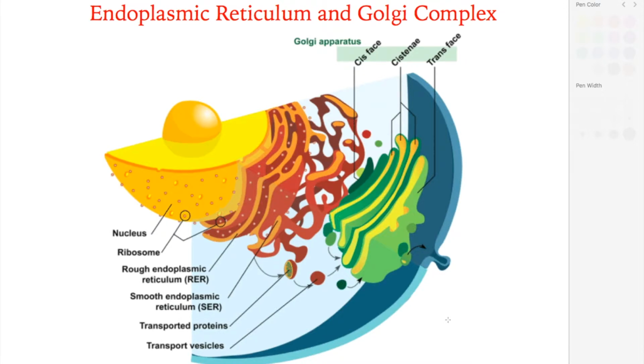In today's lecture, we're going to talk about two very important cellular organelles, the endoplasmic reticulum and the Golgi complex, which are part of the endomembrane system, and we'll focus on the structure and the function of each.